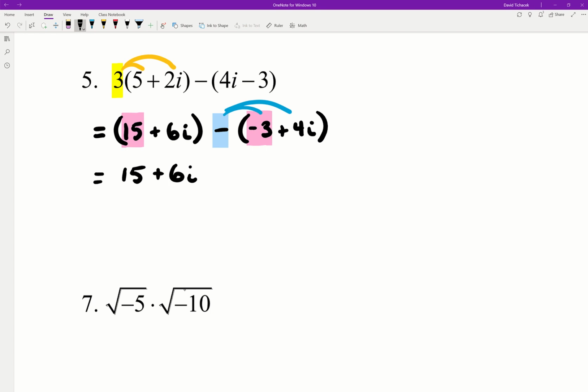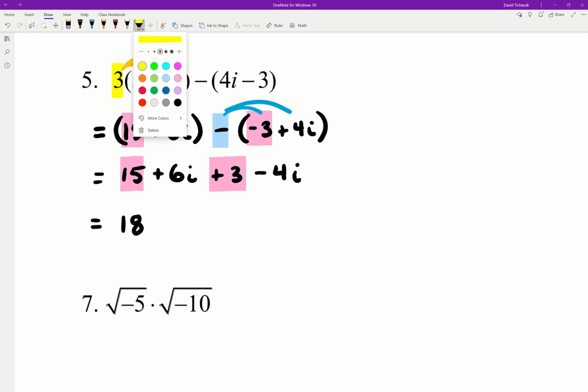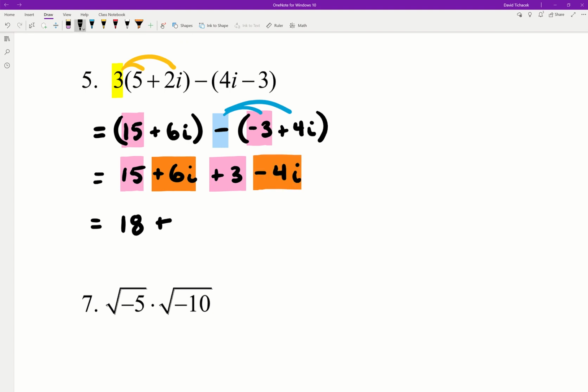But then, changing the sign of everything in that second set of parentheses, we would have a +3 minus 4i. And then from here, we just want to combine some like terms. So we're going to combine our real parts. That's going to be 15 plus 3, which is 18. And then we're going to combine our imaginary parts, so 6i minus 4i, of course, gives you plus 2i. Okay? And so we did get a complex number as our solution when we subtracted these two complex numbers.